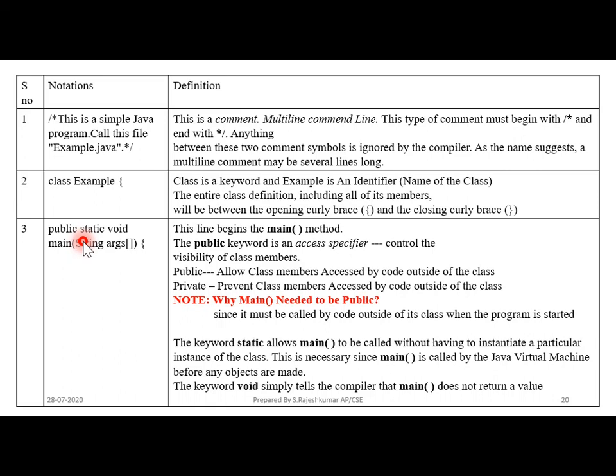This is the reason why we mention main as a static function. It is automatically called by the virtual machine before any objects are created. So the main function is called directly by the virtual machine without being instantiated by any object. That's why it is mentioned as static.